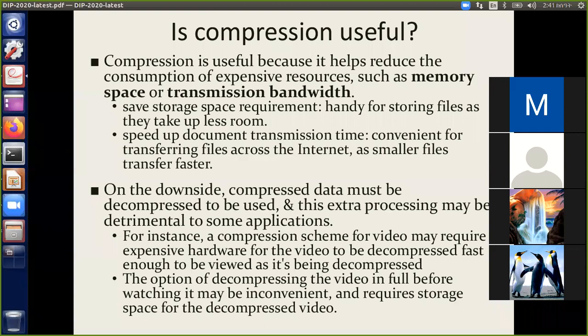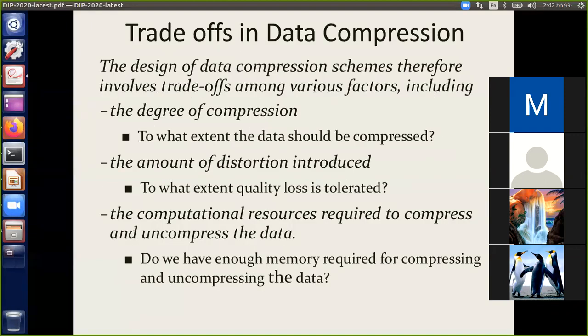But that is dependent on what kind of algorithm we are running to compress. So the compression algorithm should be optimized. Without taking that much extra processing, it has to start compressing and giving us a compressed image, such that we can optimize our memory space and our transmission bandwidth.